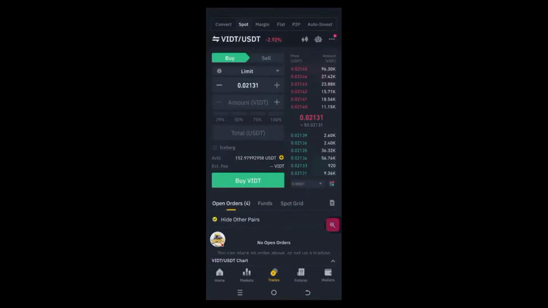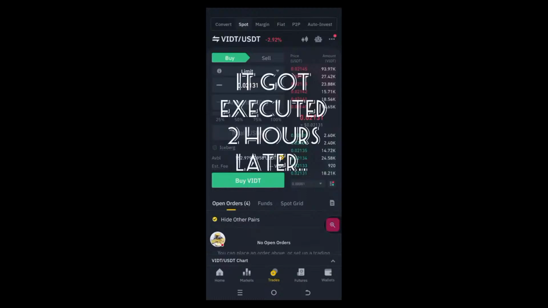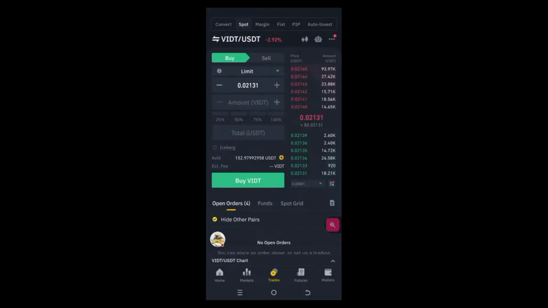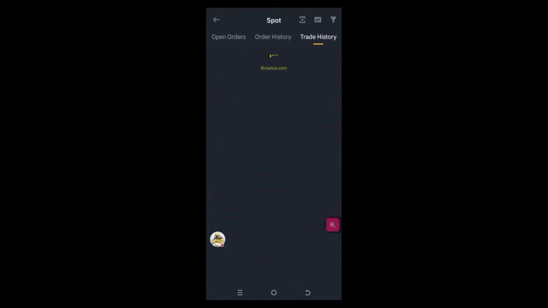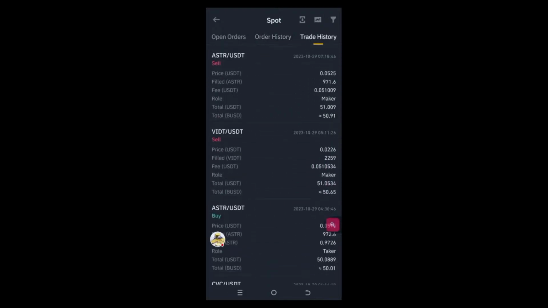We're currently on VIDT, as you can see here, and this trade happened almost 2 hours after we picked the trade. So it executed almost 2 hours after we picked the trade, and this is it. Let me just open up the trade history so that we can look at the different points and metrics.